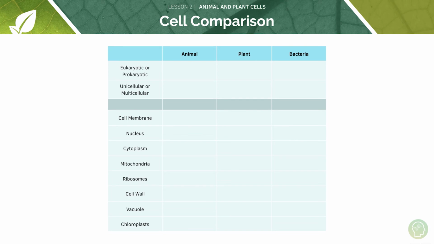So, this is actually a really useful way to recap what we've covered in this tutorial. If you want to, pause the video at this point and try to perhaps complete this table by yourself, filling in the answers or perhaps ticking or crossing where a type of cell has a particular organelle or not. But if you're not too sure at this stage, then just go through it with me.